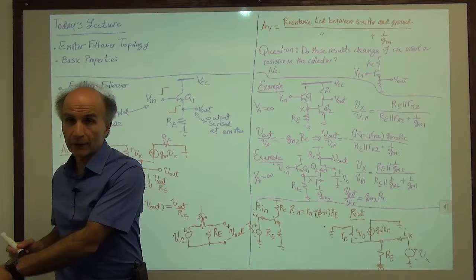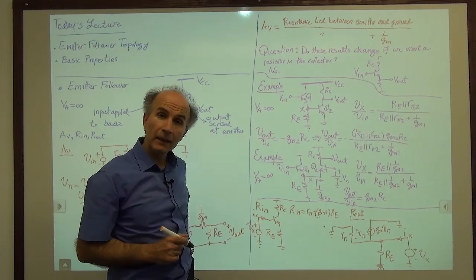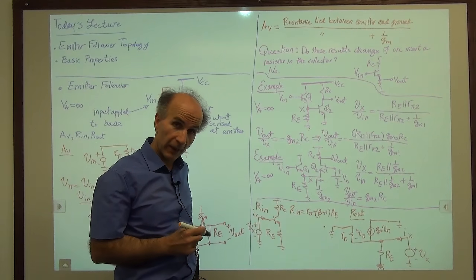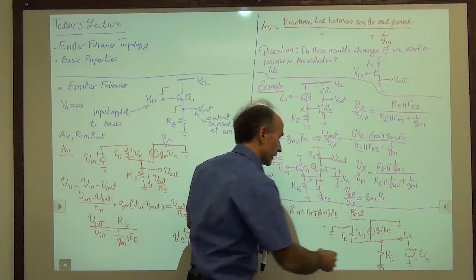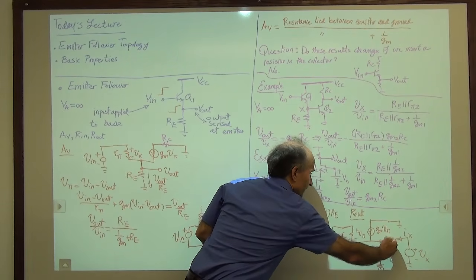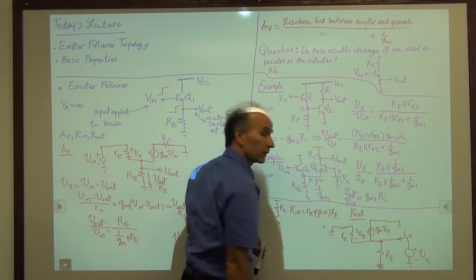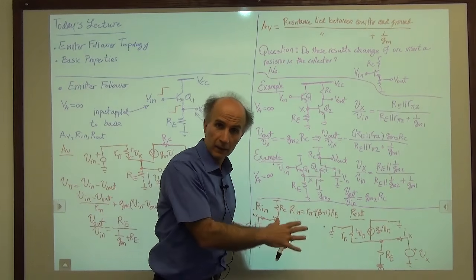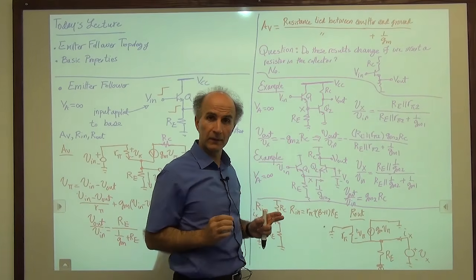Okay, so what can I observe before I jump into the equations? Well, RE goes from emitter to ground. In other words, RE is exactly in parallel with Vx. So because Vx is trying to find the resistance from here to ground, and we already have RE from here to ground, we can take RE out for now, calculate everything else, and then take the result and place RE in parallel with it, right?